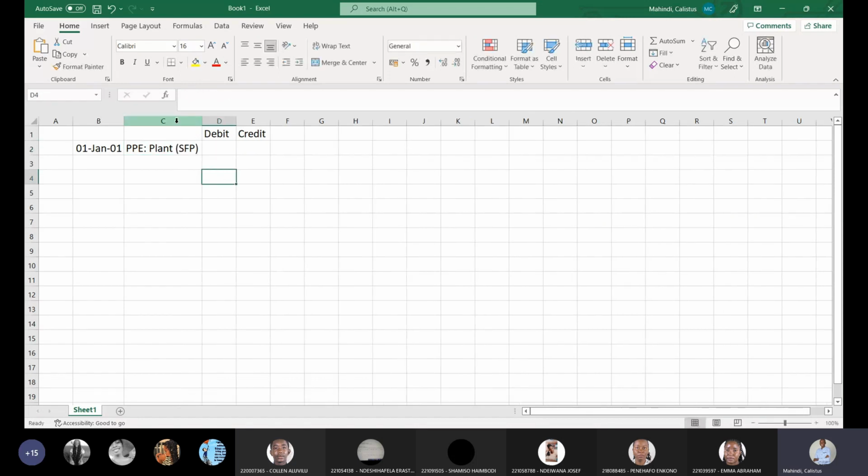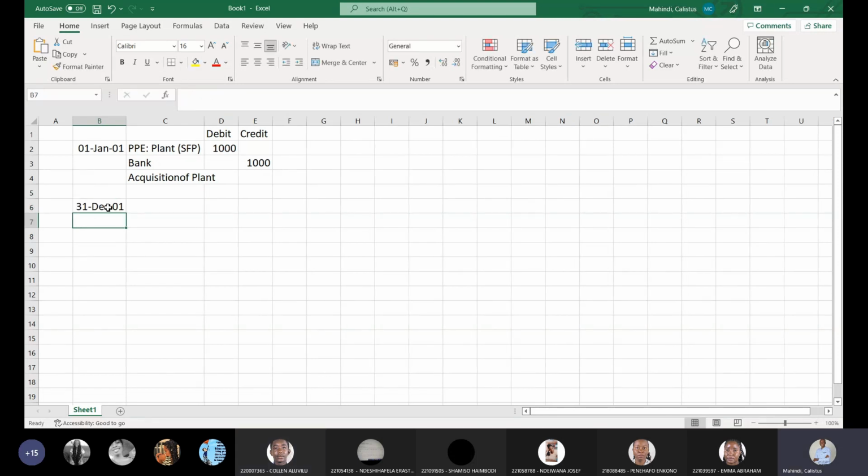I debit my PPE, which is an asset that appears in the statement of financial position. The amount is 1,000, and I'll credit the bank with 1,000. And then your narration: acquisition of plant.